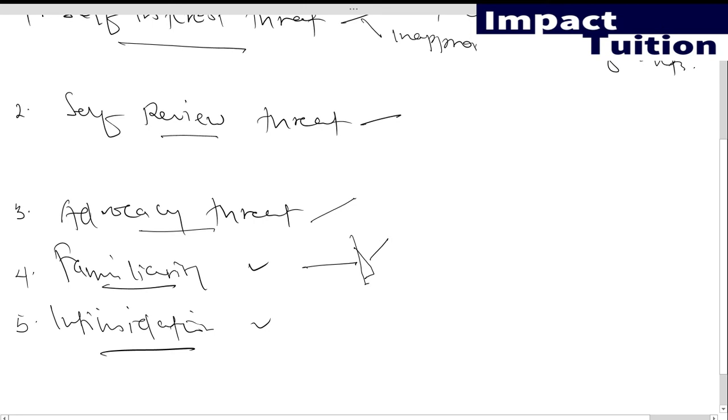And the final threat to the fundamental principles is the intimidation threat. As the name suggests, it occurs when a professional accountant's conduct is influenced by fear.